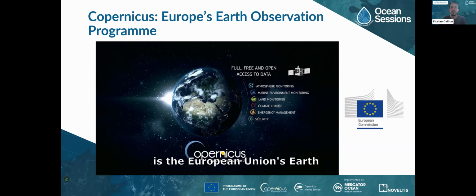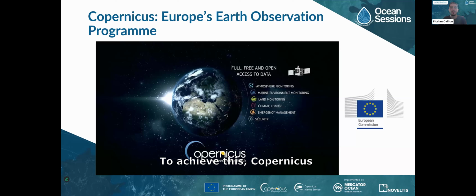Copernicus is the European Union's Earth observation program. Launched in 2012, it has grown into one of the world's leading sources of operational environmental data. Its mission is to monitor our planet and provide insights into how Earth systems are changing over time.